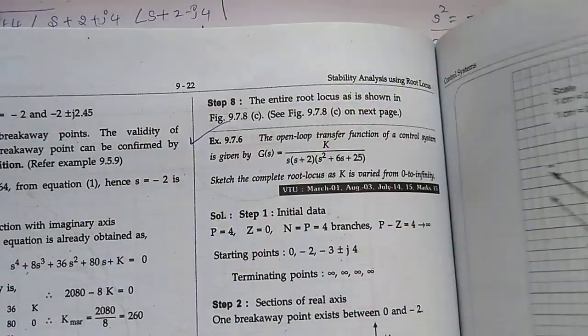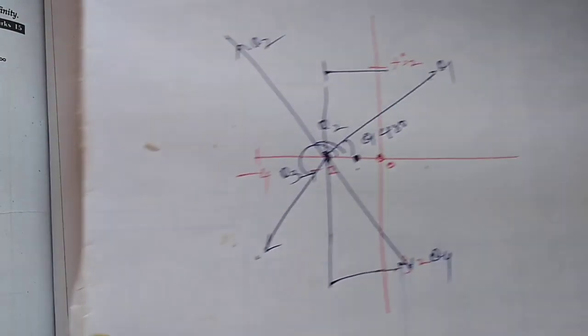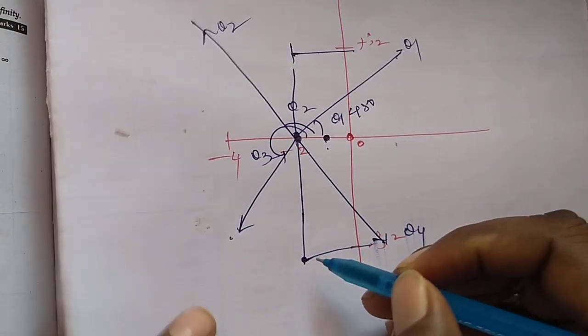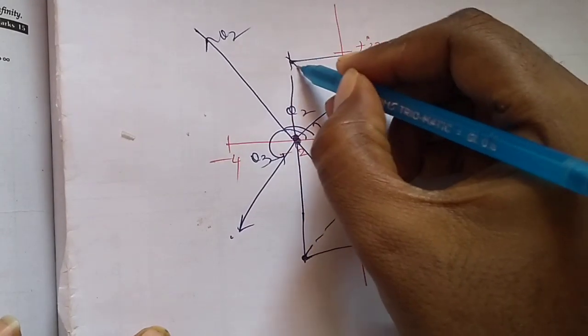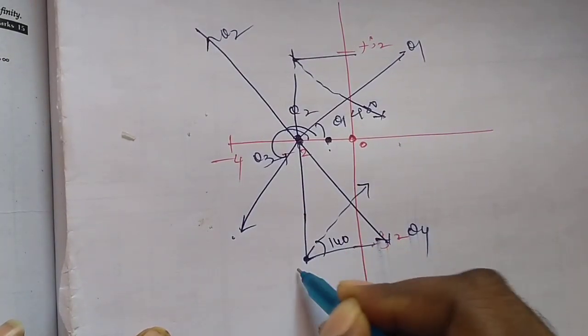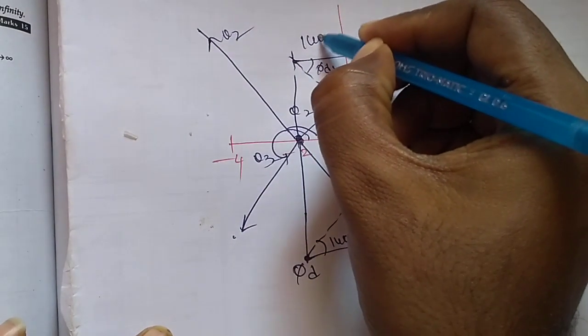Clear? So for this 140 degree angle of departure we have to plot the graph. So mark this graph like this. So take the protractor, draw the angle of departure. So here also you can draw the angle of departure, and that is 140 degree, phi d. This is phi d, 140 degree.